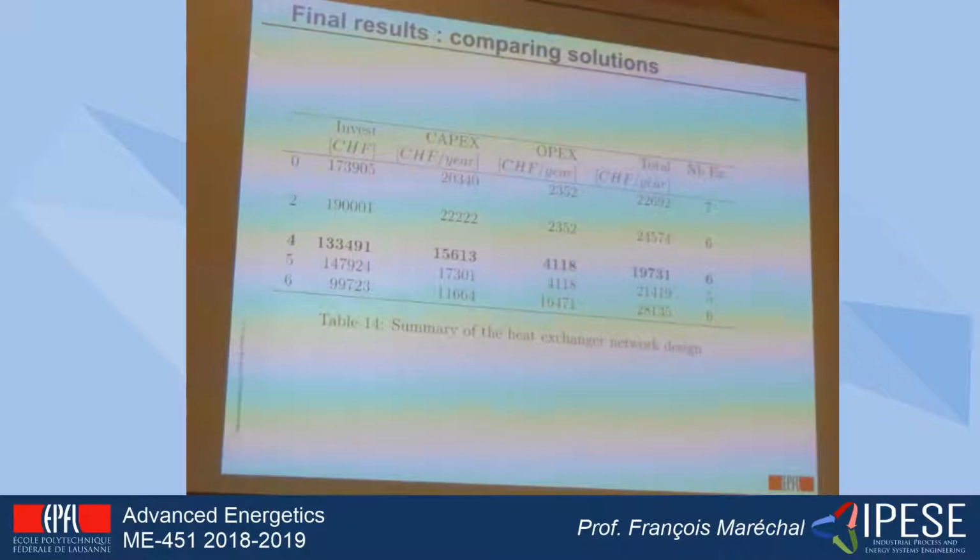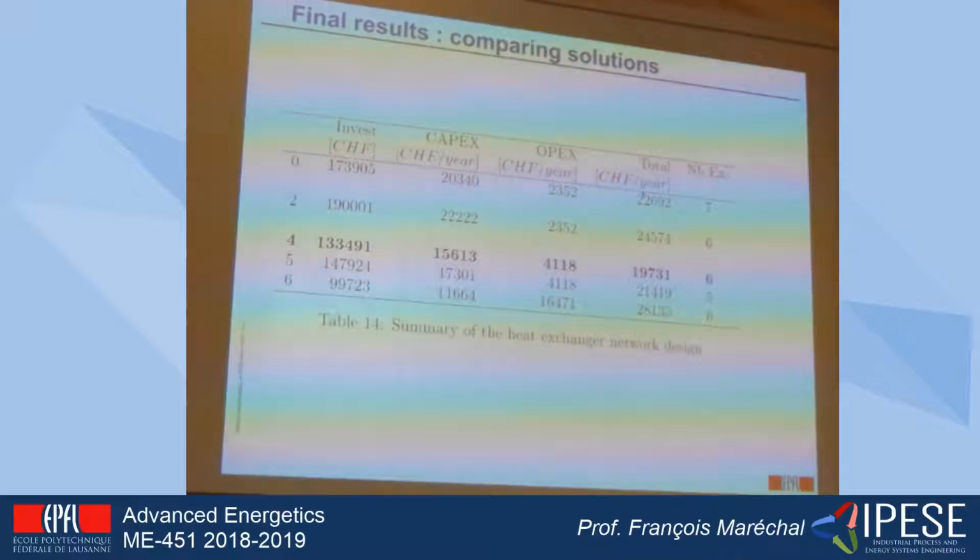But in this case, I can still add this in the list. So now I have a new solution with 6 heat exchangers, and with the minimum energy requirement that I was expecting, but with an investment that is higher than the original design. And the total is, in the end, more expensive than the original design. Okay?